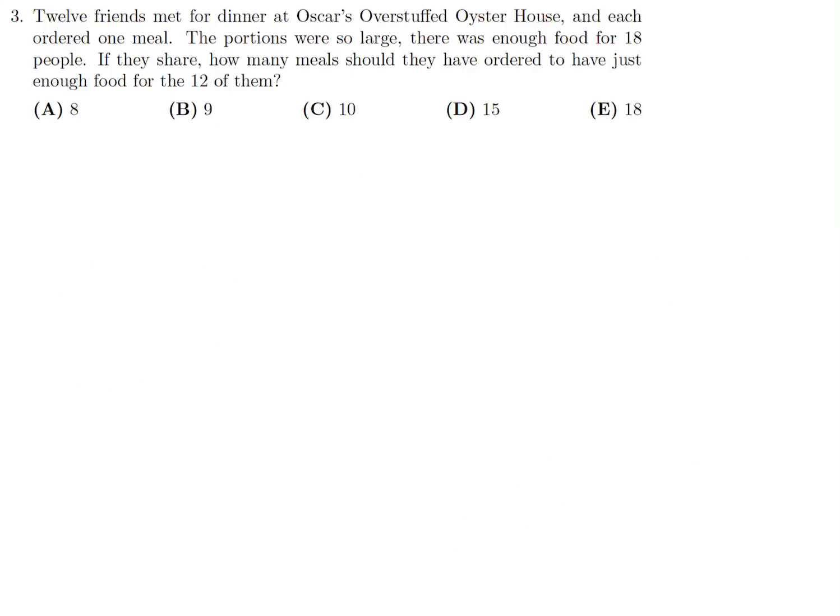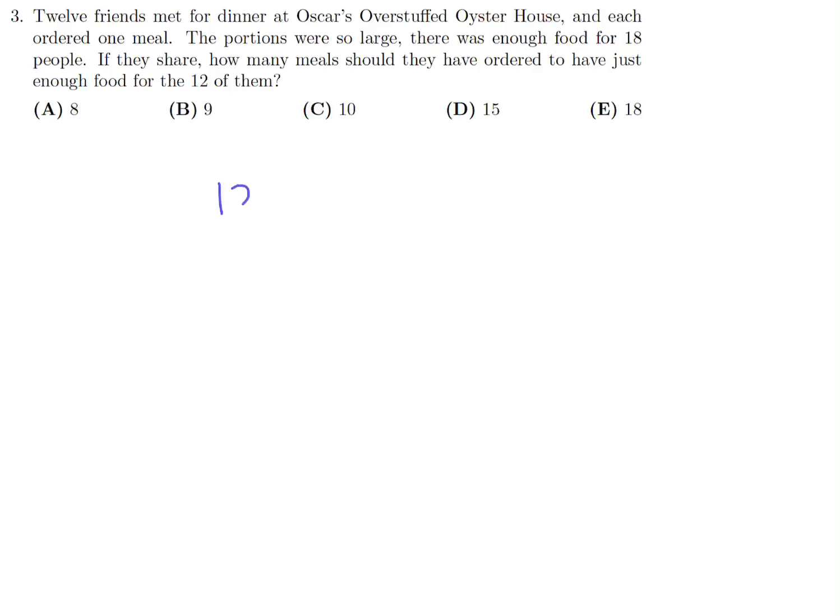"12 friends met for dinner at Oscar's Overstuffed Oyster House, and each ordered 1 meal. The portions were so large, there was enough food for 18 people. If they share, how many meals should they have ordered to have just enough food for the 12 of them?"